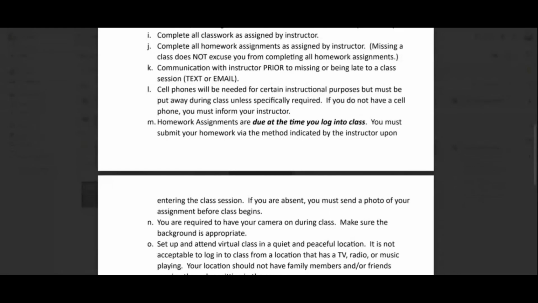Blackboard has a gradebook where each assignment is listed, and I go in and look to see which assignments are filled in for those particular days. If you don't turn an assignment in, it doesn't show up on the list, and that means you didn't do it. You can't send me your homework because I can't put your homework in for you, so it shows up as you not doing it.